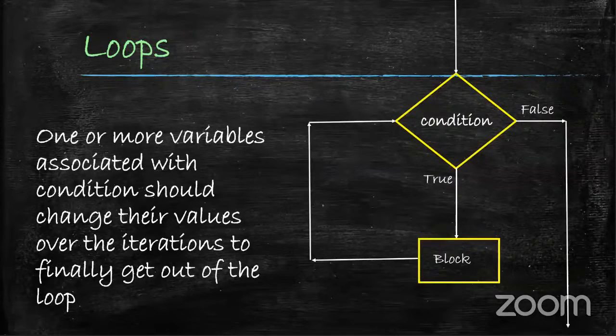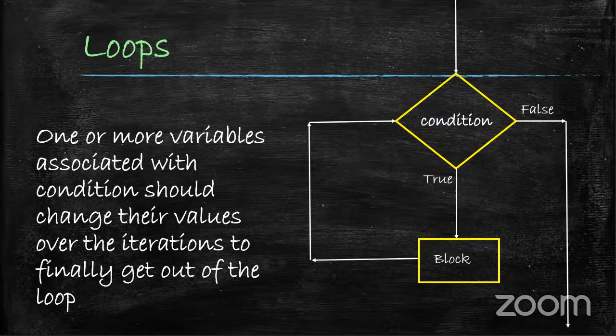Over the iterations, meaning over the execution of this block, one or more variables associated with the condition should change their values to finally get out of the loop. Because if the variables associated with the condition remain the same, and the condition is true the first time, the condition will remain true for the rest of the times.